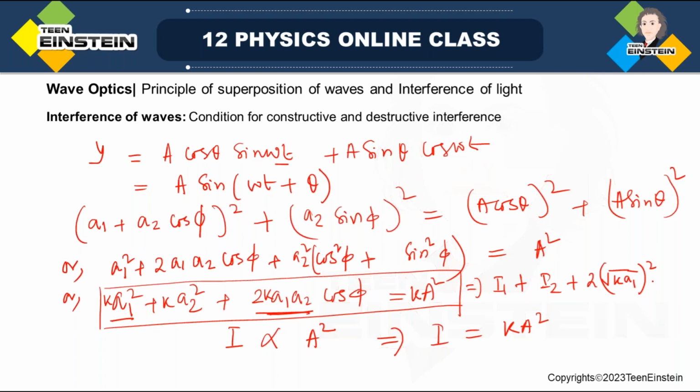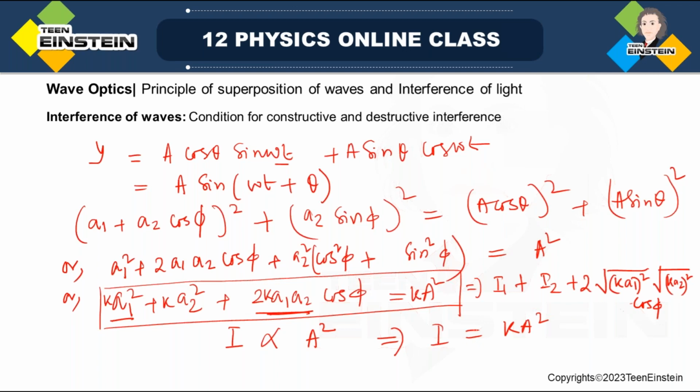Again, this is a little wrong. Actually the square will be inside: root over k a1 square. Just a minute. 2 root over k a1 square, k a2 square, now it is okay, like this, into cos phi.